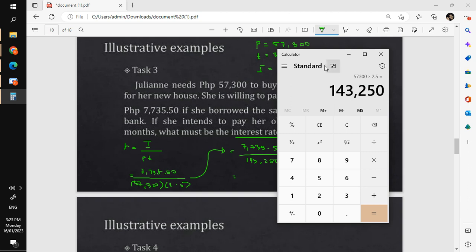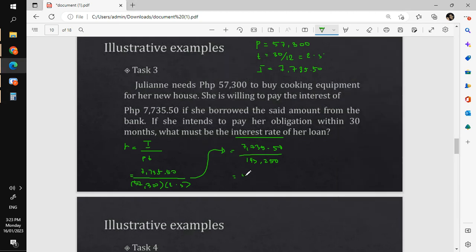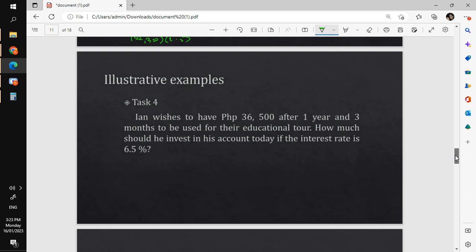Dividing this, 7,735.50 divided by 143,250 gives us 0.054. Times 100, that's 5.4. So the rate of interest is 5.4%.